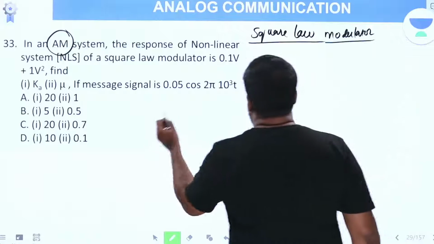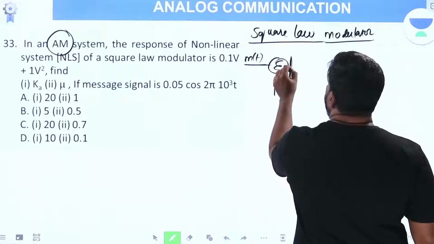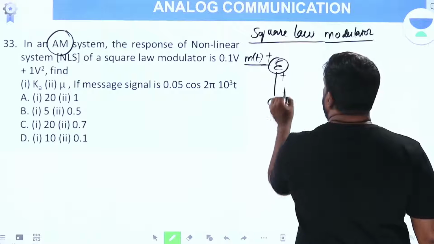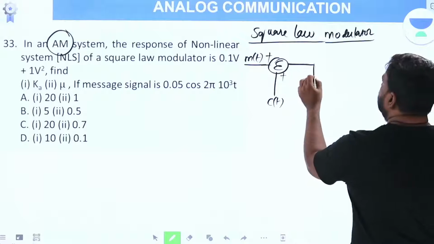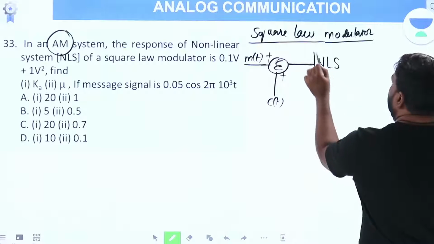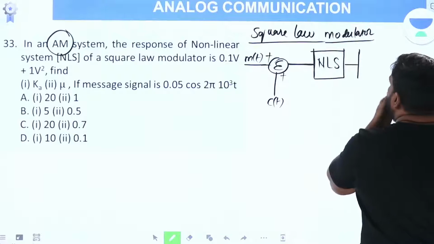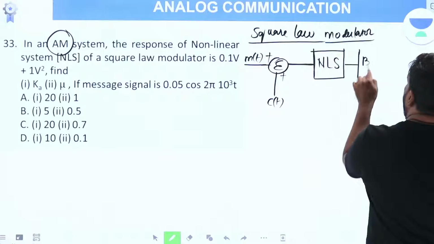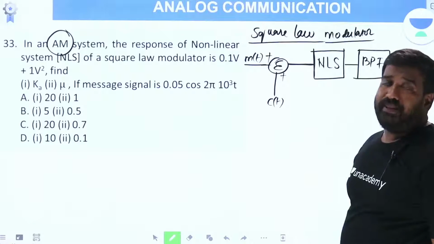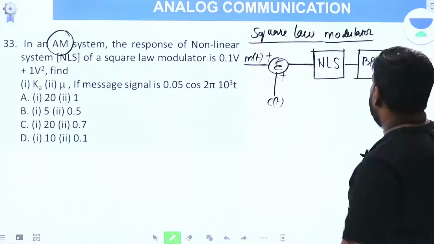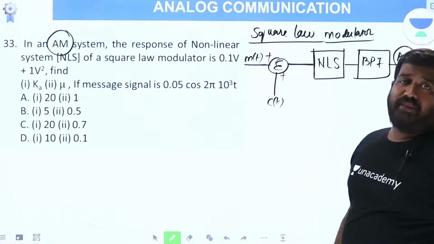Now, if you take a square law modulator, the message signal m of t, added to the carrier signal c of t, both are given to a non-linear system, then we pass it through a band pass filter, and the output of it is an AM output.